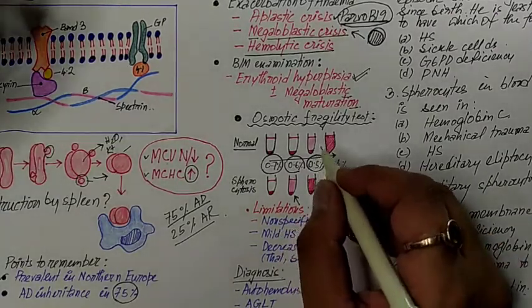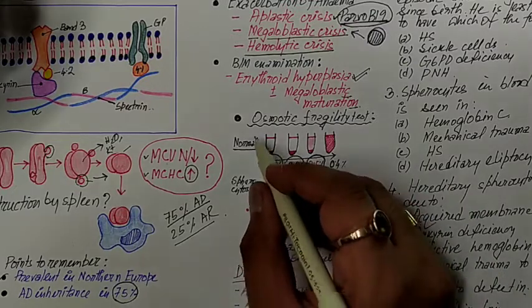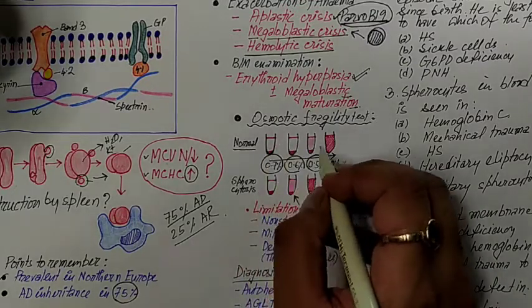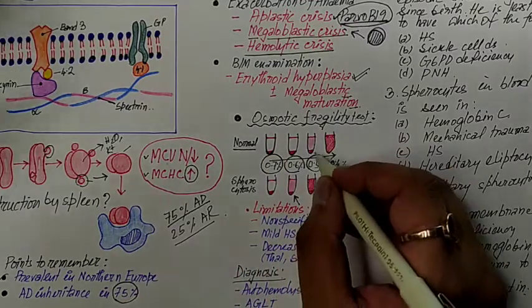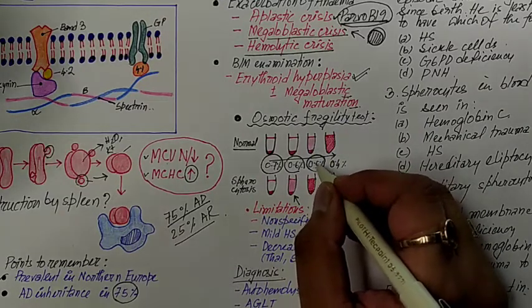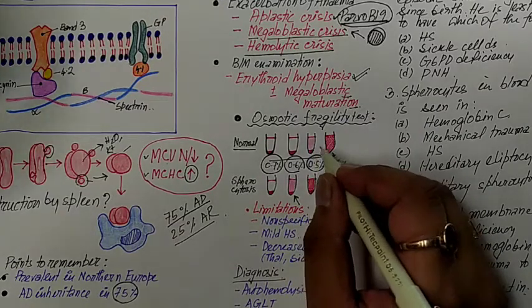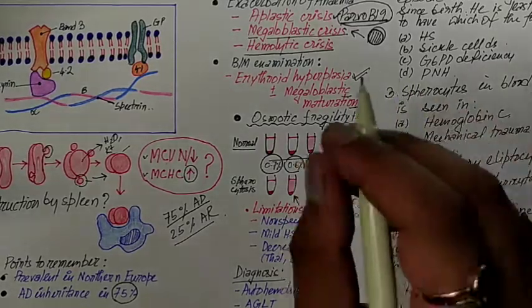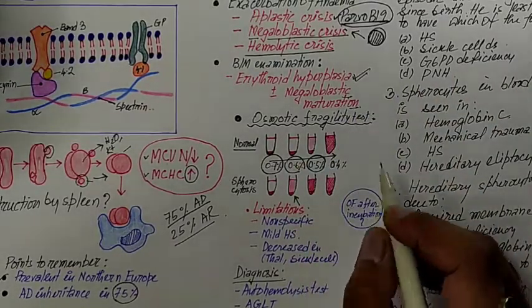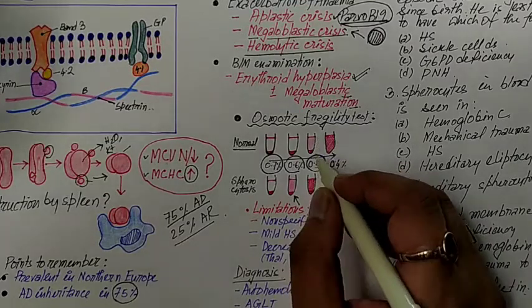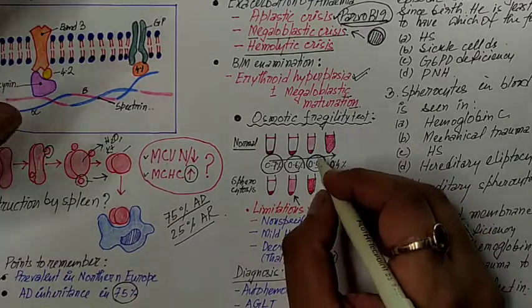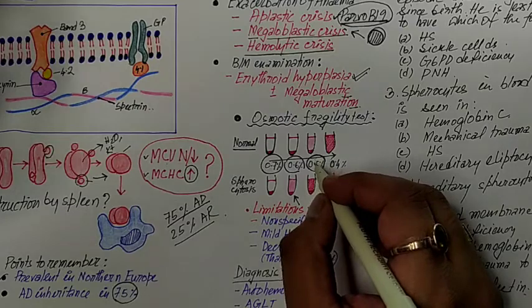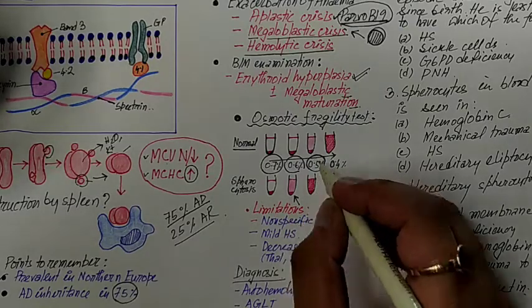So in the normal scenario, if we keep adding normal RBCs to these tubes, the hemolysis will start at 0.5% of the solution, and it will gradually increase if we decrease the concentration of the solution. So the first appearance of the hemolysis is at 0.5% saline solution.